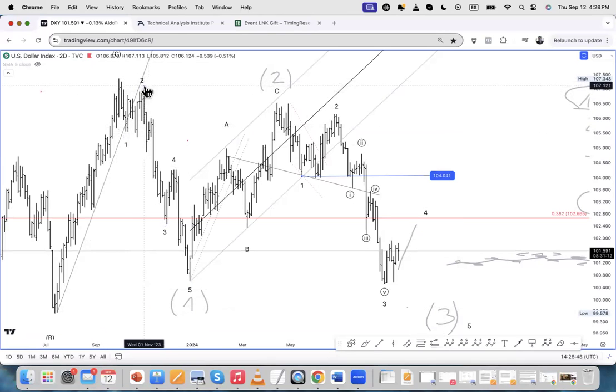You can see here, wave 2 ended below the origin of wave 1. Wave 3 can never be the shortest. You can see here that wave 1 is smaller than wave 3. And wave 4 can never end in the price territory of wave 1. You can see that it ended way below the end of wave 1. So can these labels be accepted? And the answer is yes. Therefore, we can label this as an impulse down.